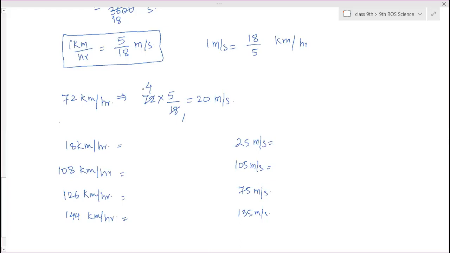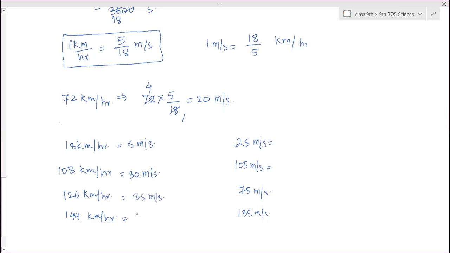First answer: 18 kilometer per hour is equal to how many meter per second? 5 meters per second. Second one, 30 meters per second. Next one is 35 meters per second.